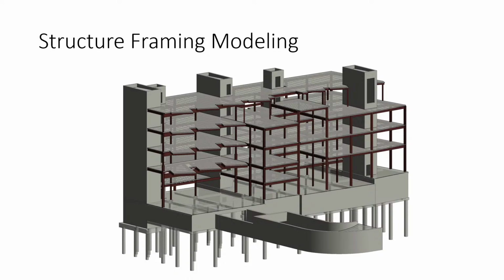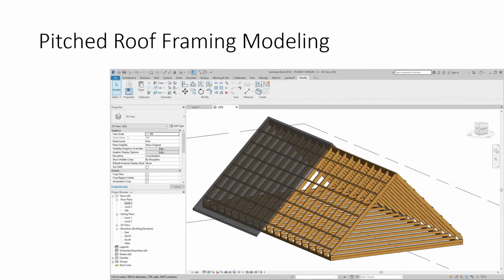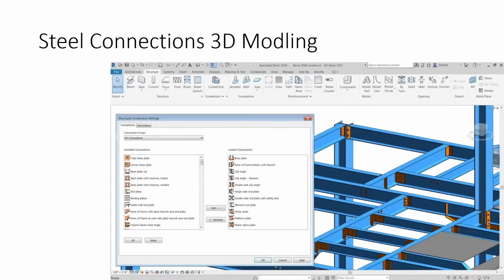Okay, so in case you're looking for a wooden structure, then you can take the concept of steel structure and you can try wooden structure modeling. Okay, so when it comes to wooden structure, learning pitched roof framing modeling is very important. How to set the work plane with respect to the pitched roof is very important. So we are going to see that concept also.